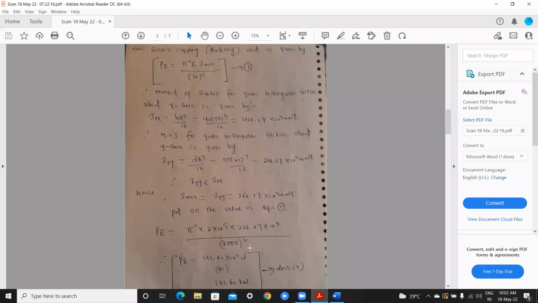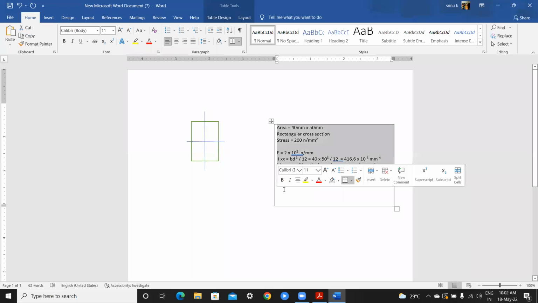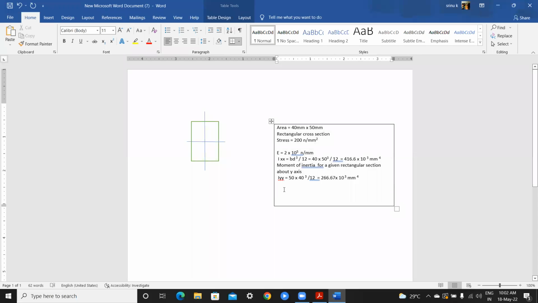After calculating this, we get 131.60 into 10 cube Newton, or 131.60 kilonewton. I am writing the answer: we got the PE value as 131.60 kilonewton.